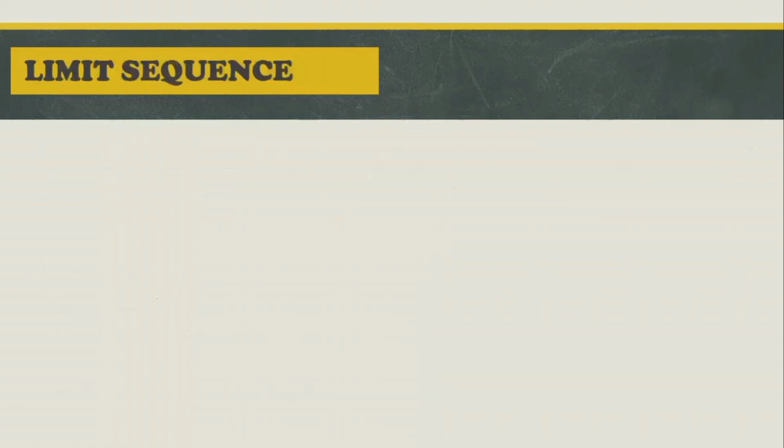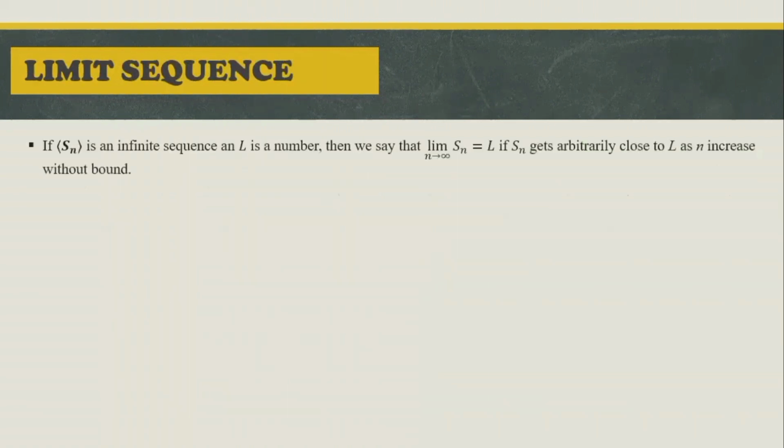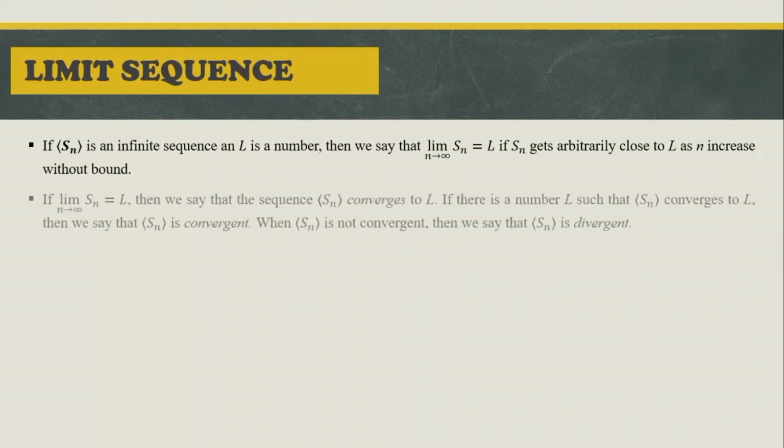Limit of a sequence. If S sub n is an infinite sequence and L is a number, then we say that the limit of S sub n as n approaches infinity is L if S sub n gets arbitrarily close to L as n increases without bound.